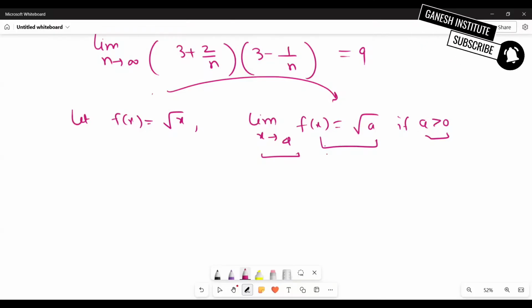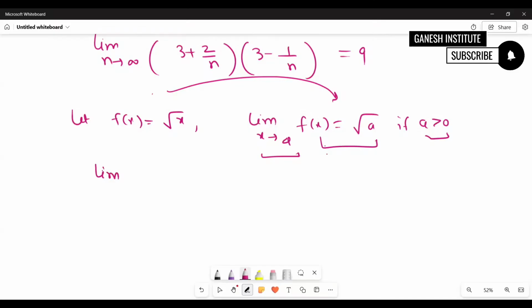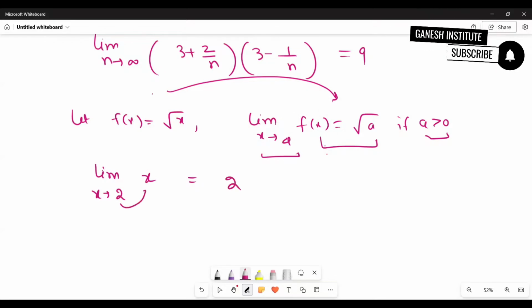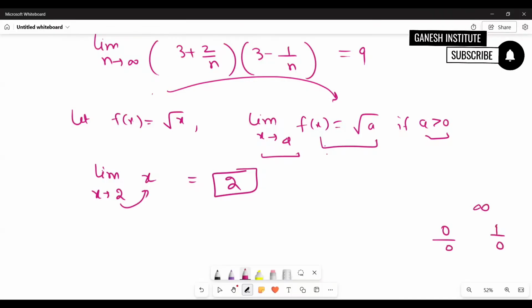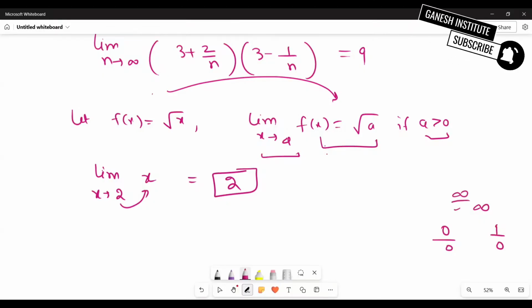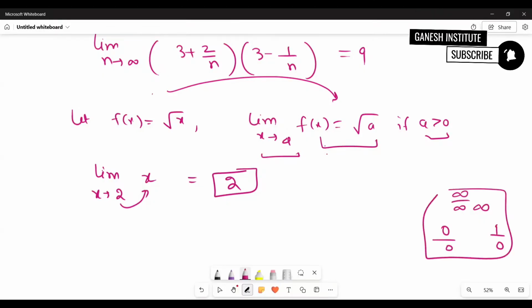So, if I have to find out the value for limit, if this is the question, let's say, I can simply put down the value of the limit and I'll get the answer, if it is not in the indeterminate form, right? What do you mean indeterminate form? Indeterminate form means 0 by 0 form, infinity form, 1 by 0 form, all those infinity by infinity form. These are not defined or indeterminate form.